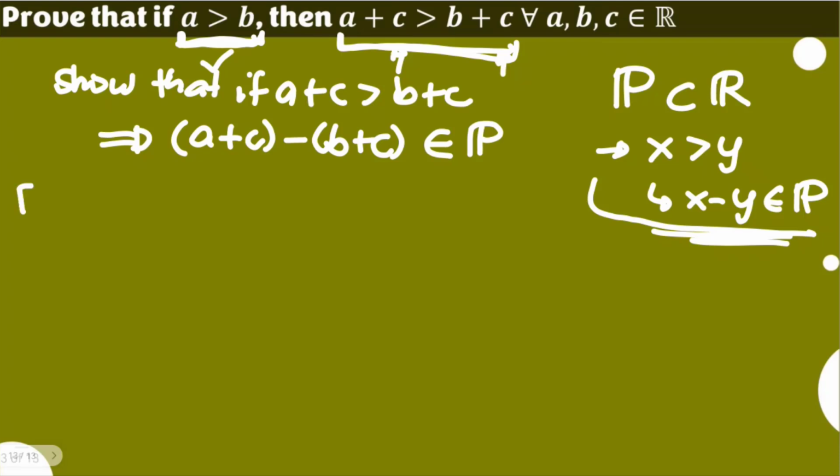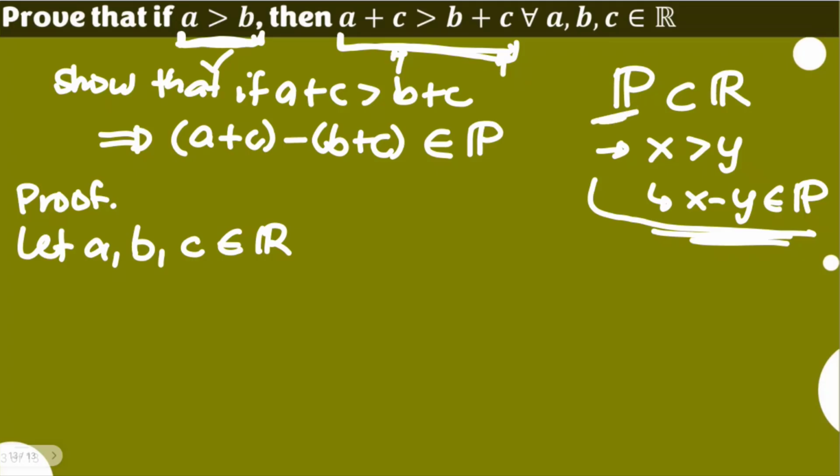So this is the proof now. Please bear with me. Let's start by letting A, B, and C be elements of the real numbers, so that we can apply necessary properties on the set P, the set of positive real numbers, because they are just a subset of the set of real numbers.